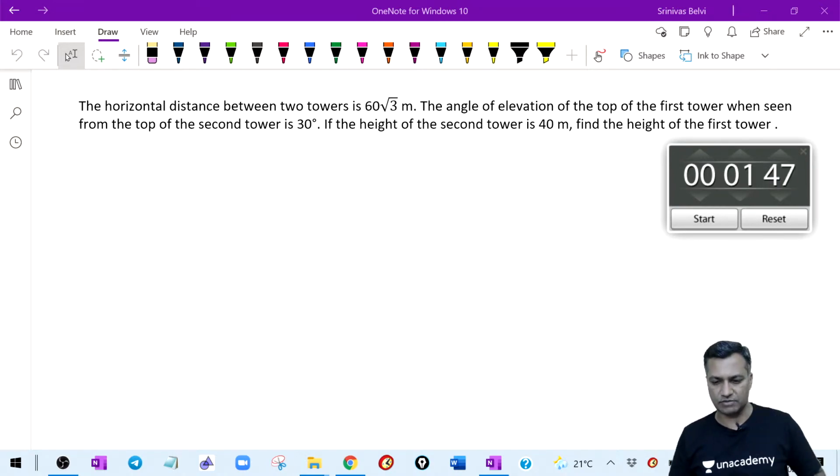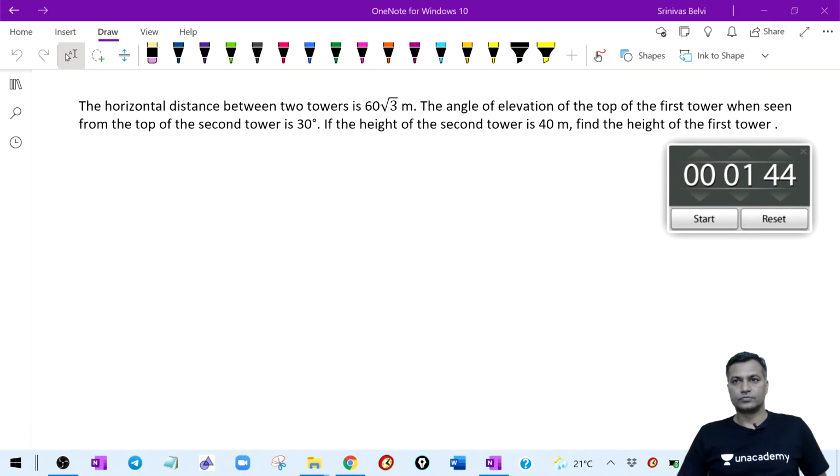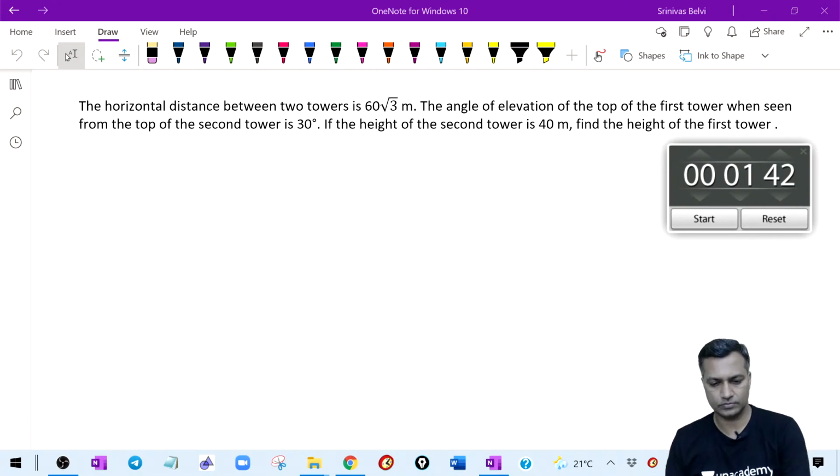It doesn't take much effort. For all the questions that we do today, make an effort to draw a schematic diagram.